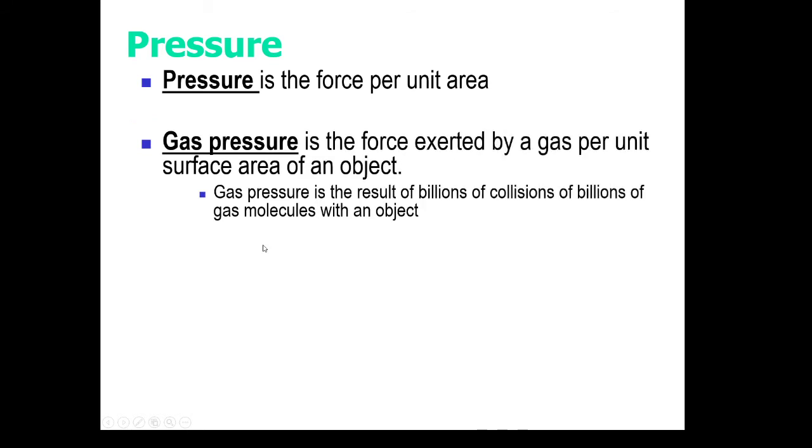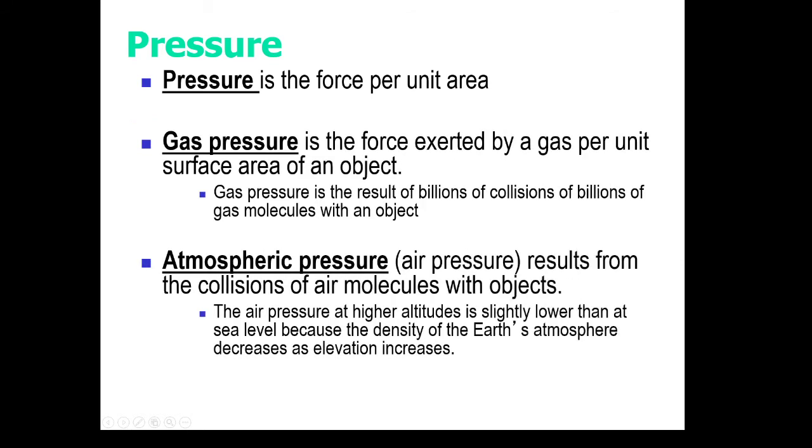So what about pressure? Gases exert pressure. Pressure is a measurement of force over a unit area. Gas pressure, if we're being more specific, is the force exerted by a gas per unit surface area on an object.